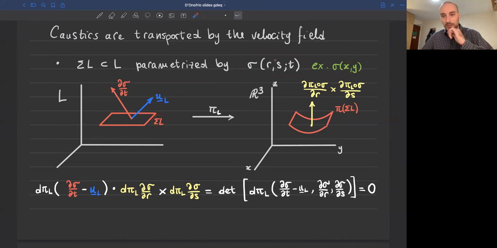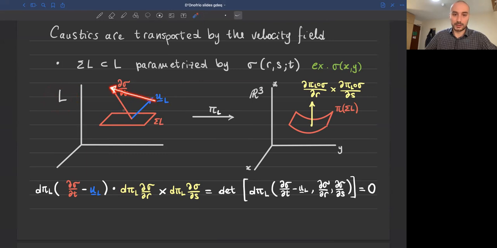But in general, we're going to call R and S our parameters. Then we can compute the difference between the surface velocity and the lifted fluid velocity in L. Okay, we are in L now. We want to compute the difference between these two velocities.